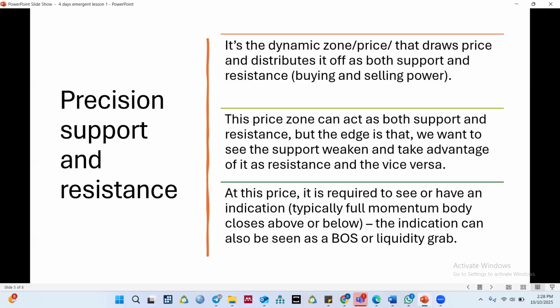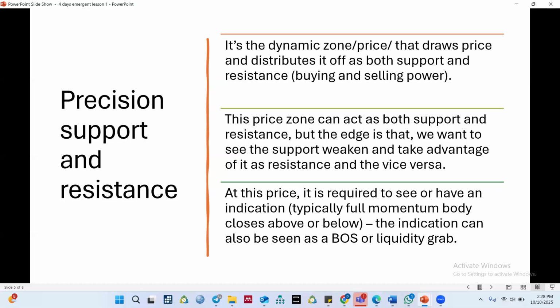That is number one. Two, it also distributes price from buying and selling powers. Okay. So that same price can be used for a buy, and that same price can be used for a sell.